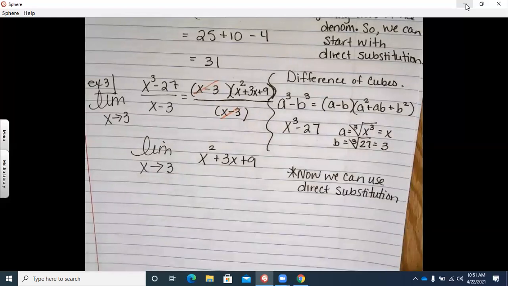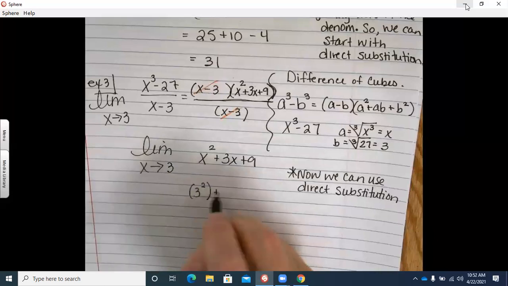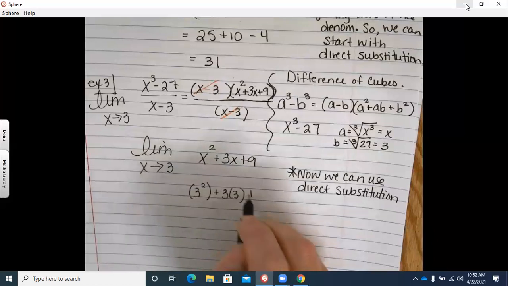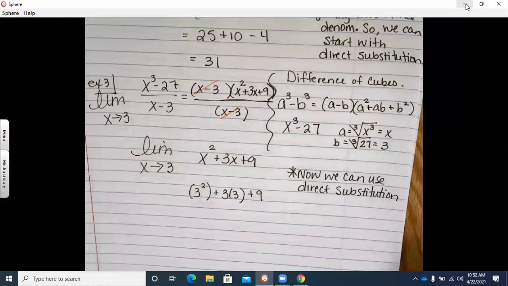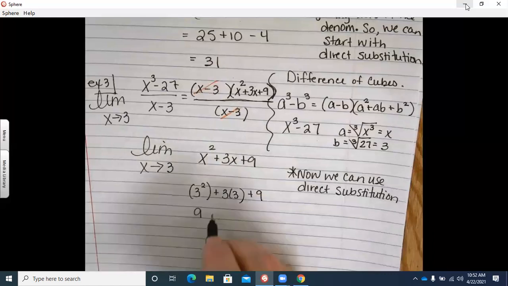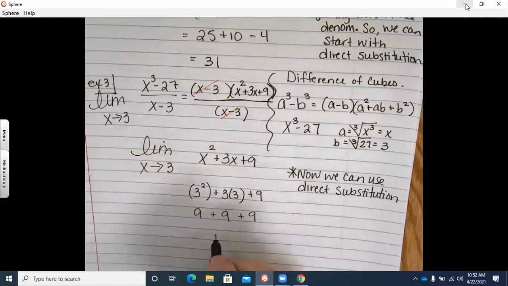So we have 3 squared plus 3 times 3 plus 9. So that gives us 9 plus 9 plus 9, which is 27.